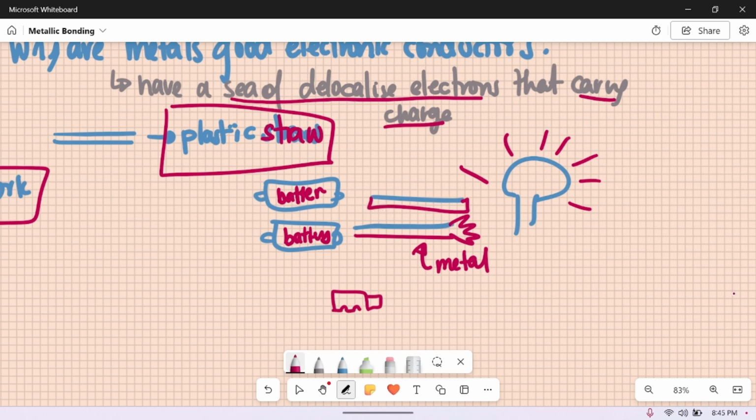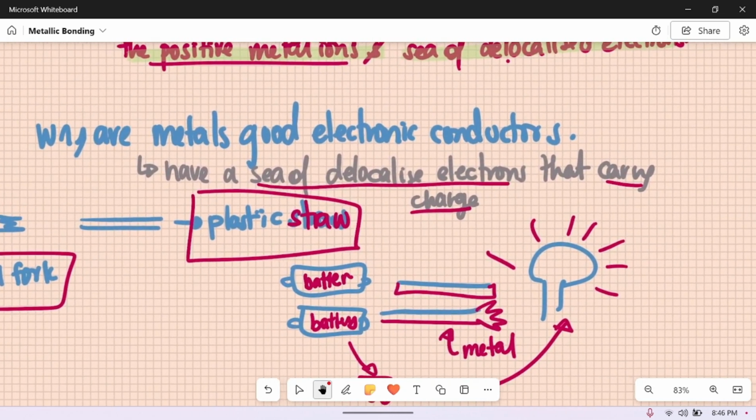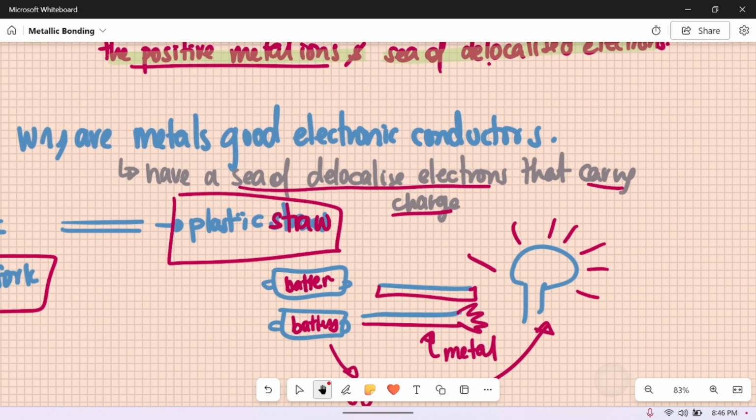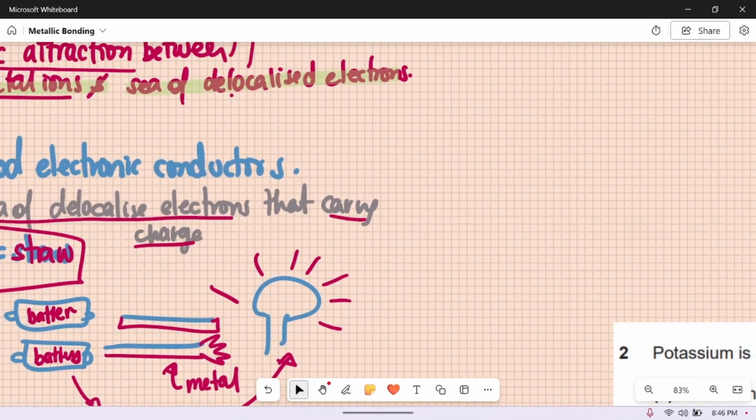So they carry charge from one end, they load it here and they leave it there. Okay, so this is what these metals do. So this is why they are also very good electrical conductors. We use them when making wires. Our wires are metallic. The little colored wires that we see are also metallic.